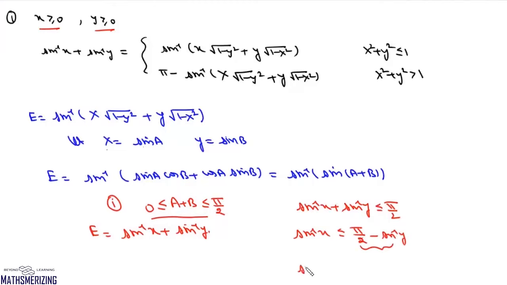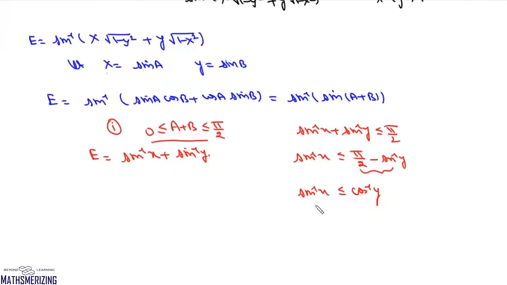So we can write sin inverse x is less than or equal to cos inverse of y. Now we can take sin on both sides. So we can write x is less than or equal to sin of cos inverse y. Now we have to change cos inverse y in terms of sin inverse.